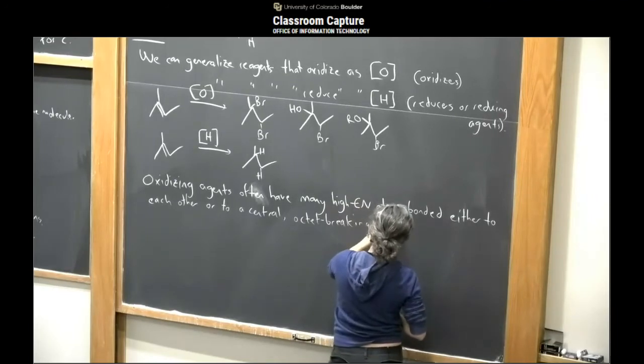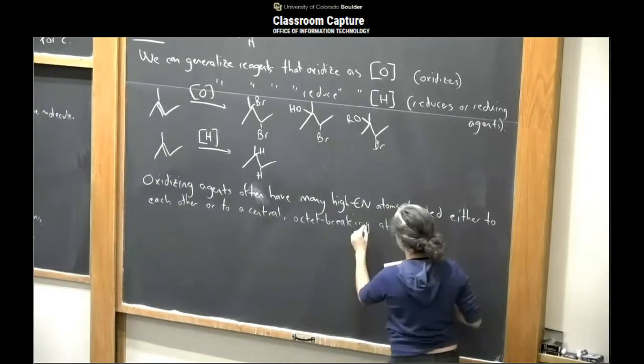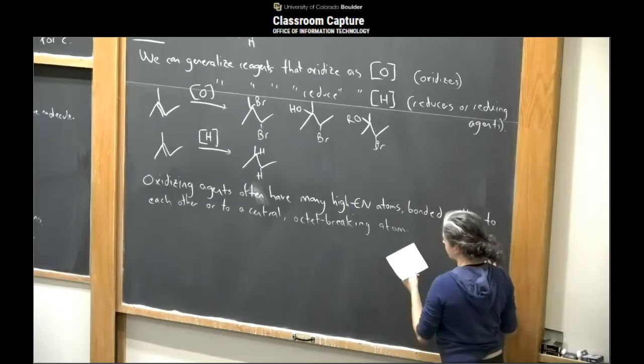So to some kind of central octet breaking atom that they can come off of relatively easily.